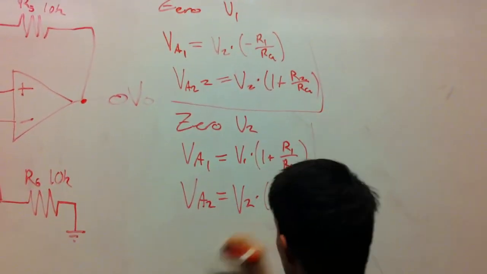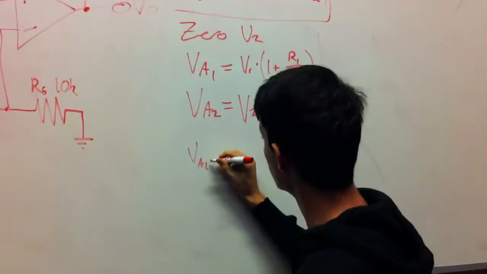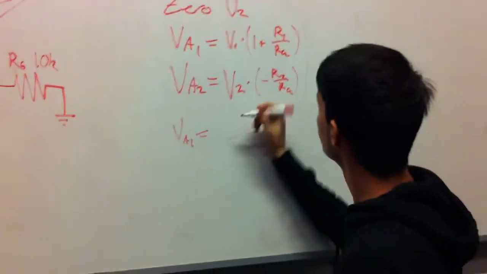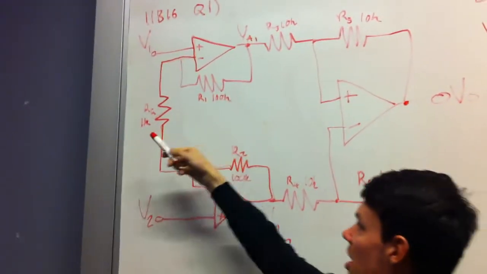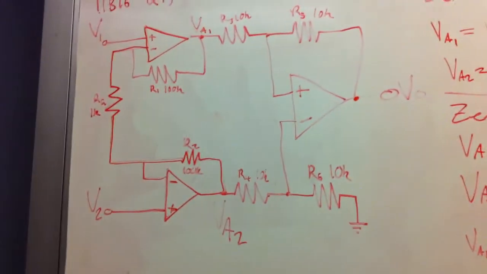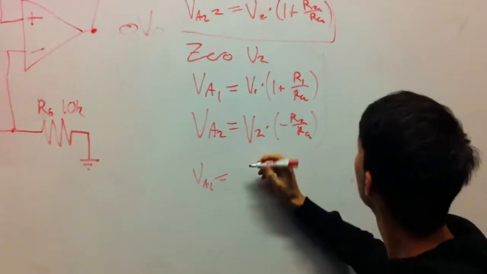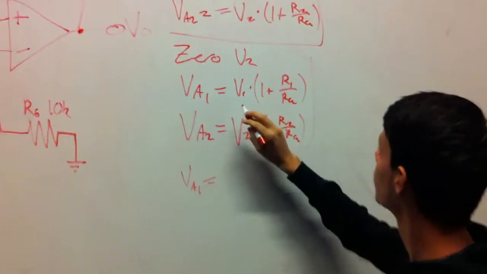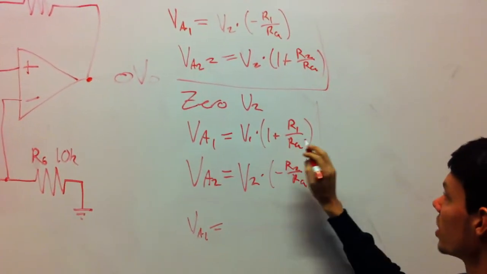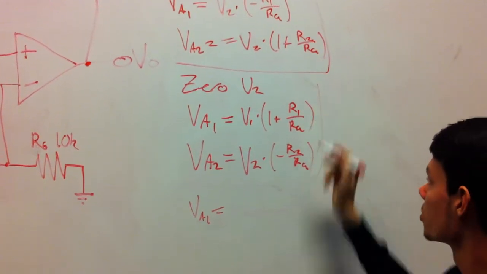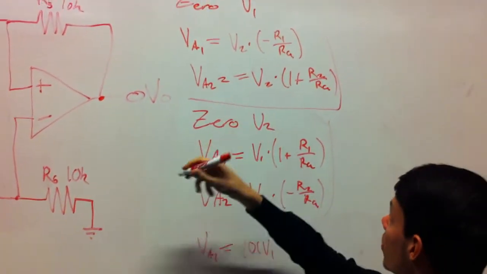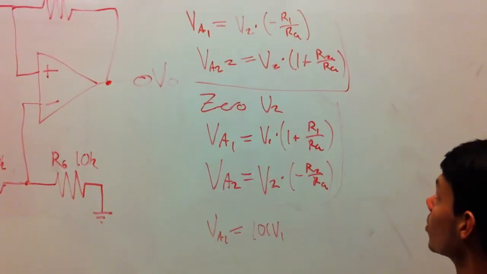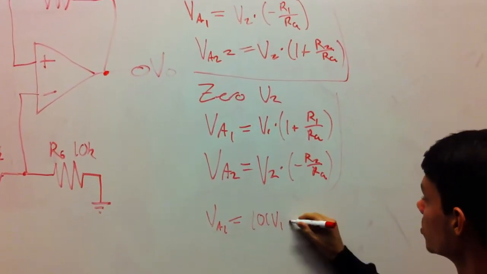So the total VA1 is equal to, we'll use actual numbers here because we've got nice numbers like 100K and 1K over here. That's going to be V1 times 1 plus 100 over 1, which is 101 V1, and then we subtract 100 V2.